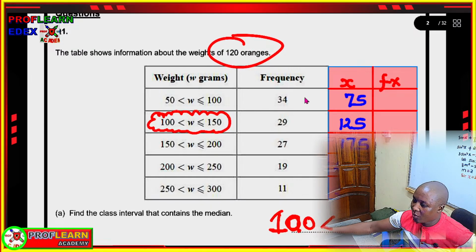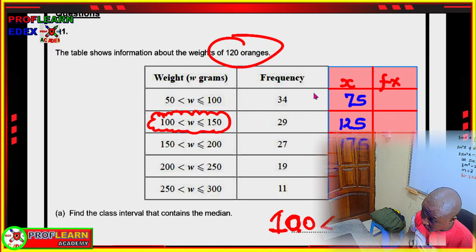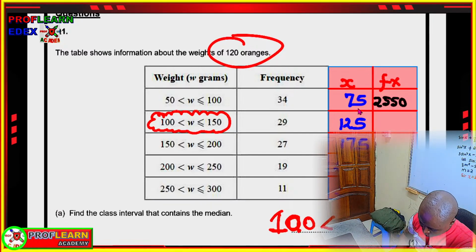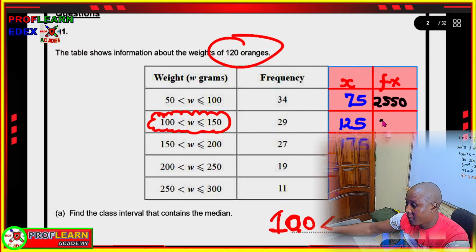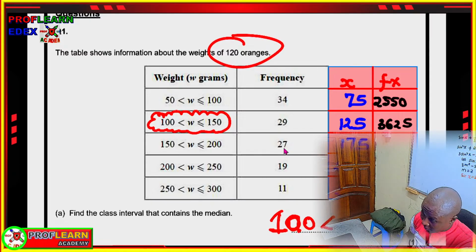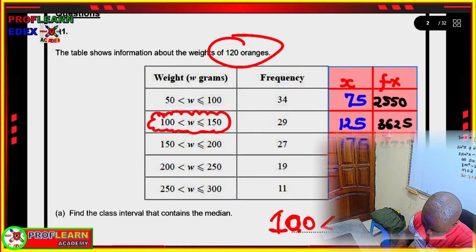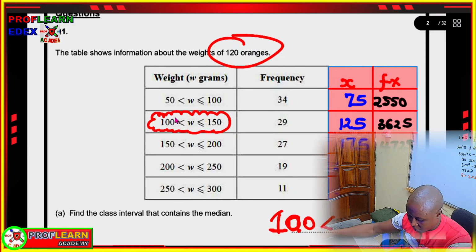So that's going to be equivalent to what? 34 times 75, that becomes 2550. 29 times 125, that becomes 3625. 27 times 175, that becomes 4725. 19 times 225, that becomes 4275.